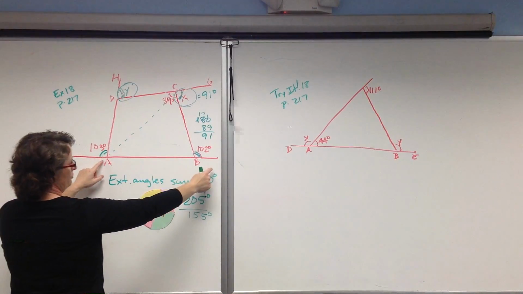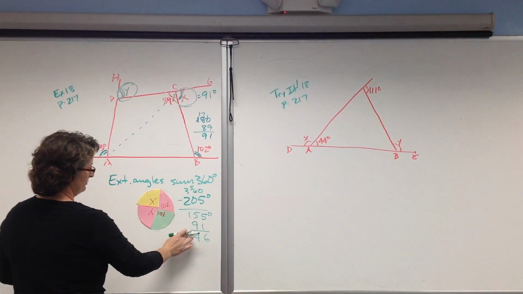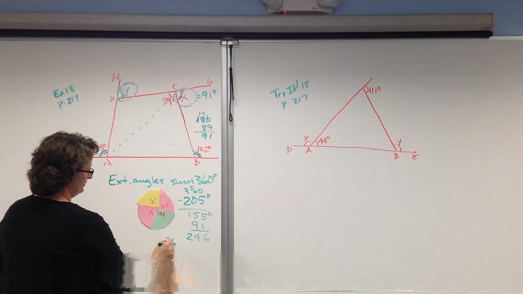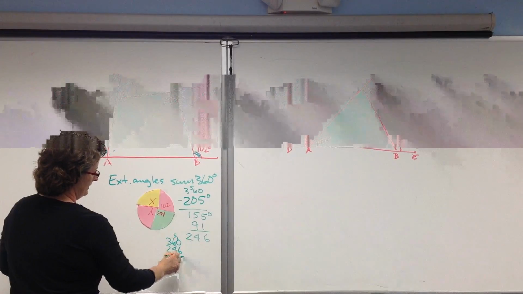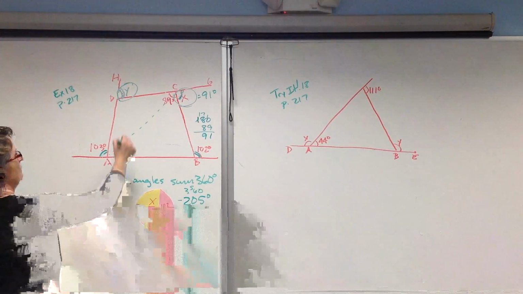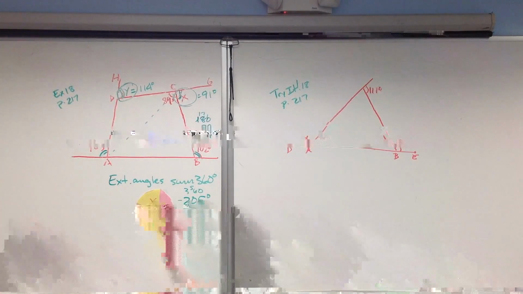So we know that these two are 155 plus 91 is 146. Is that right? No, 246. Sorry. 246. And so now 360 minus 246 is 114 degrees. So this one equals 114 degrees.